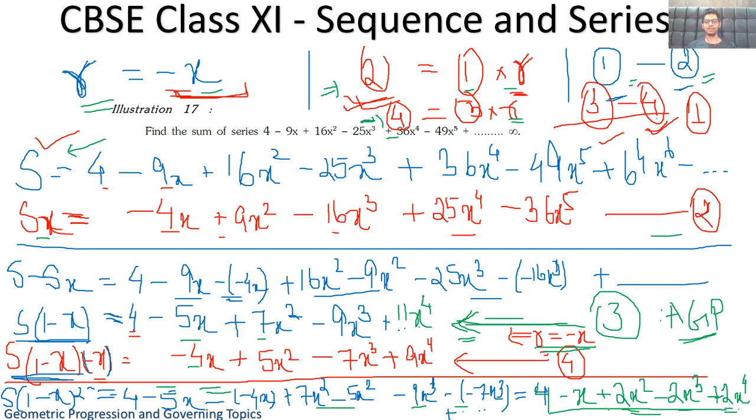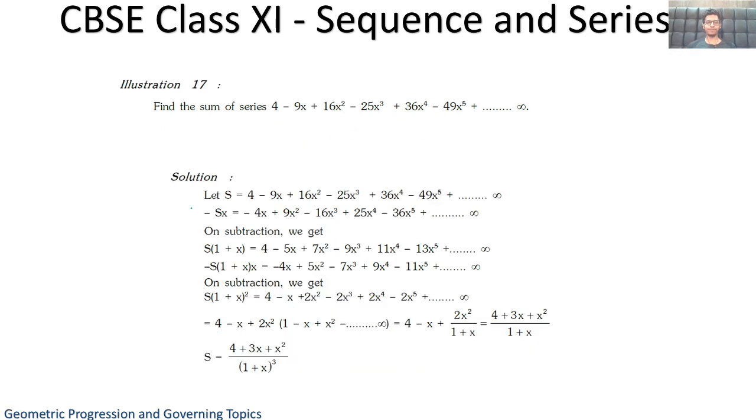Okay. Now we can see how we are going to solve this. So from here what we have achieved is 4 minus x, 2x square minus 2x cube plus 2x to the power 4 minus 2x to the power 5.